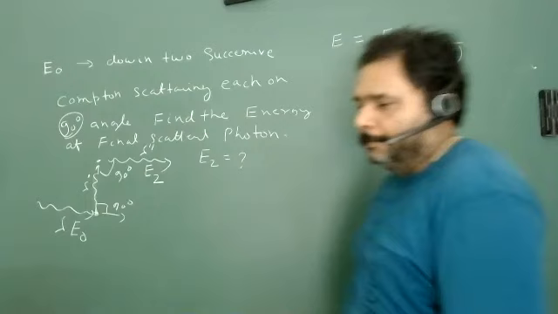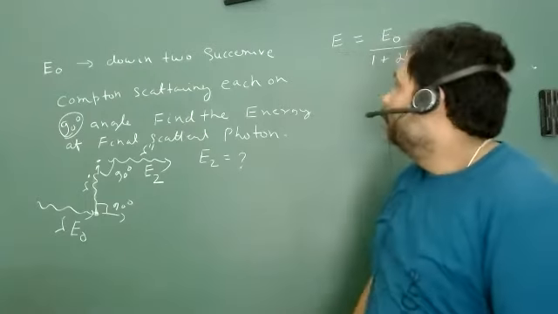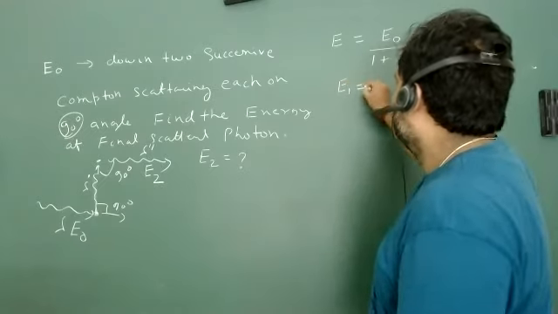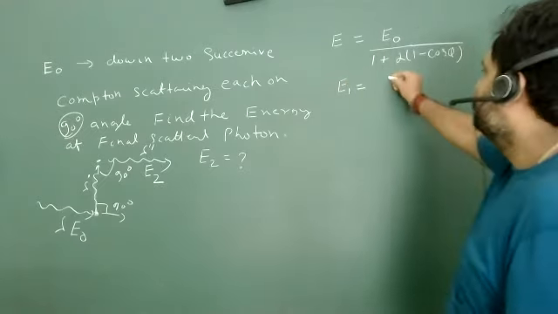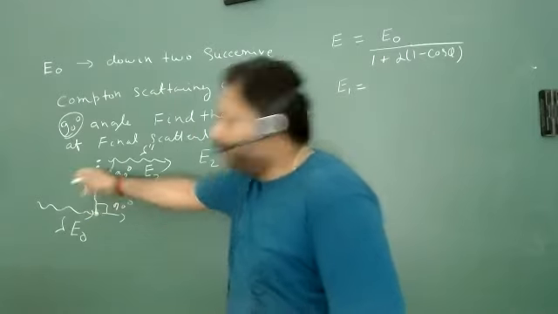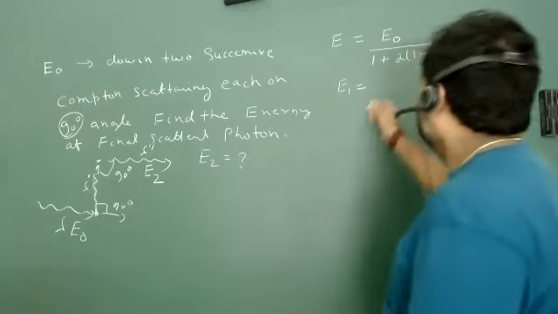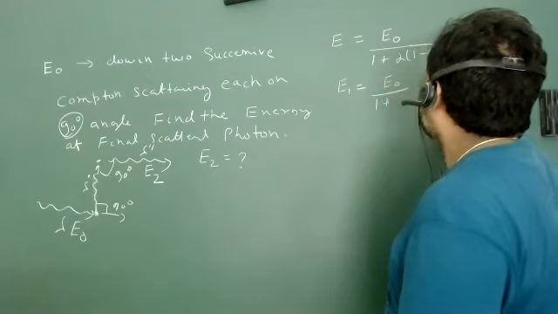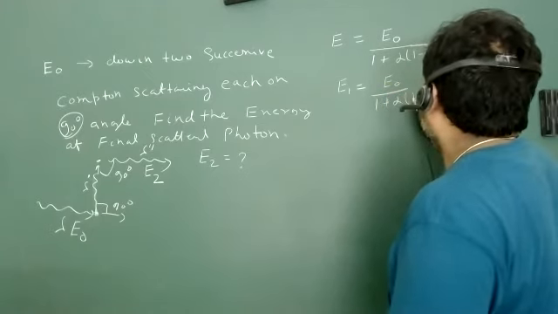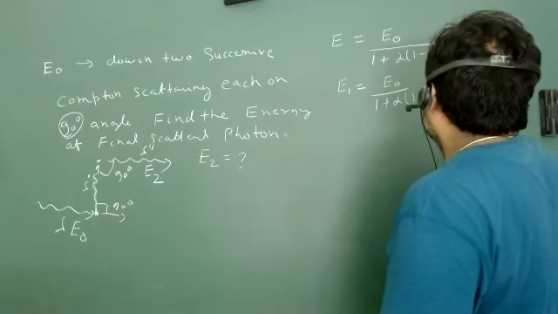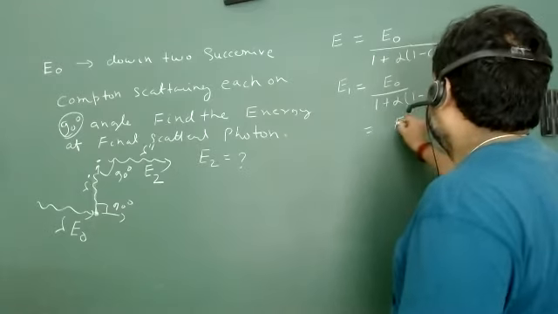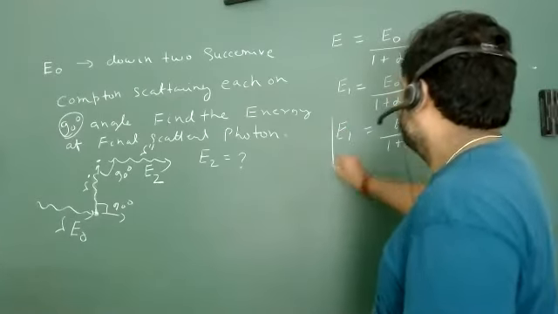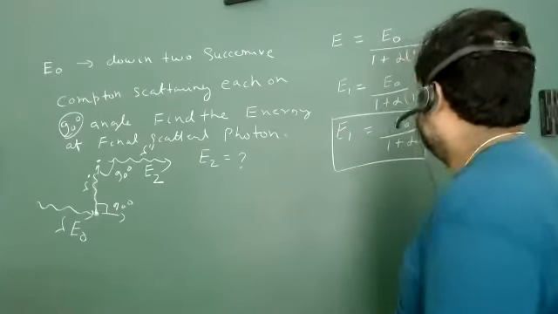So this is the story, and you have to use it. So what will be E1? E1 will be the energy associated with the first wavelength. So E1 will be E naught over 1 plus alpha times 1 minus cos phi, which for phi equal to 90 degrees is E naught over 1 plus alpha. So this is the first E1.